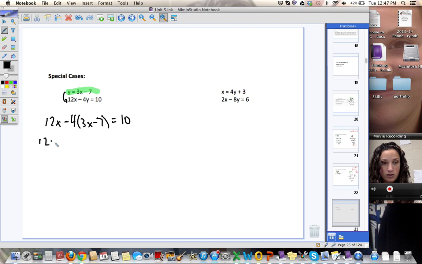So then I get 12x minus 12x plus 28 equals 10. Well, these two are going to cancel. 12x minus 12x is 0x, so then I get 28 equals 10. That is not a true statement, so that means that there are no solutions.